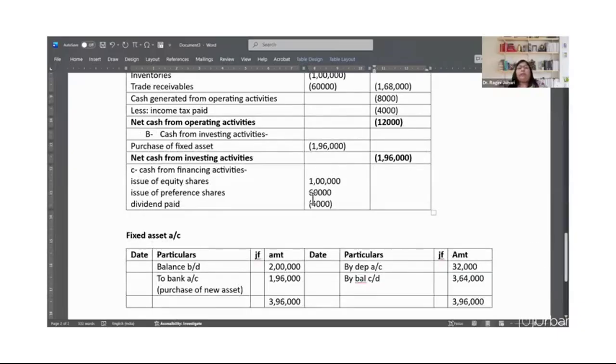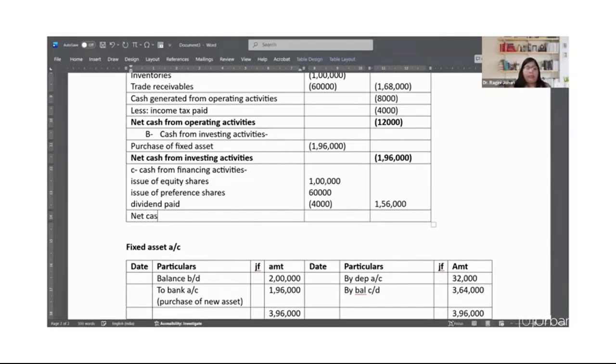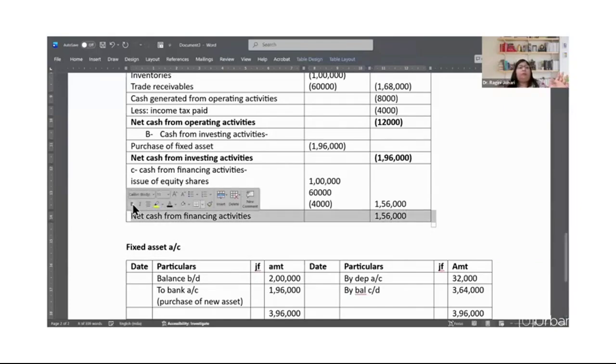This is 1,60,000 minus 4,000, that is 1,56,000. Okay, so this much has been received here. So we say net cash from financing activities is 1,56,000 positive. Be happy.